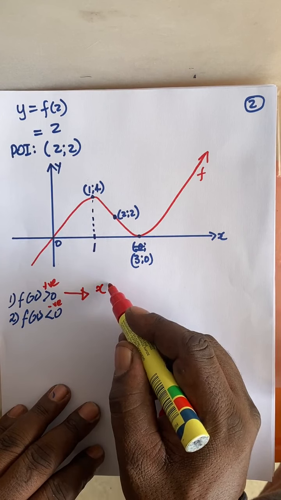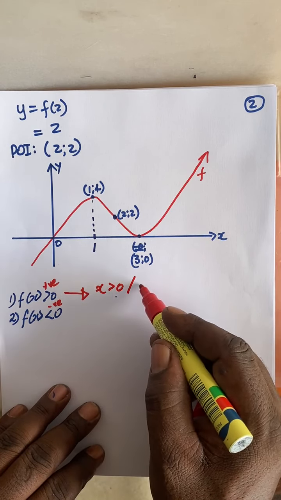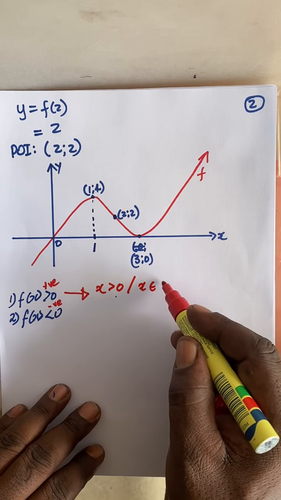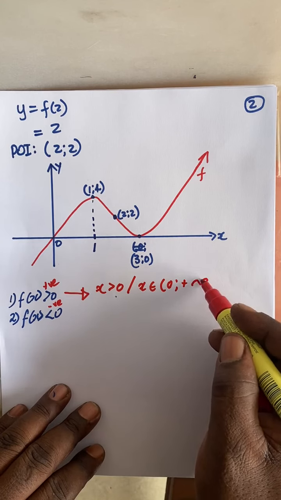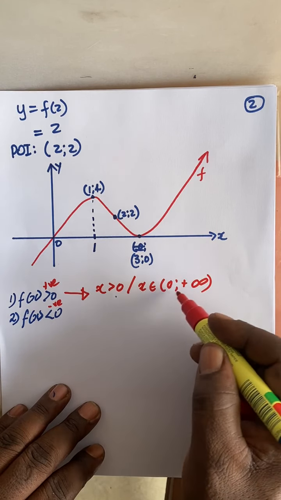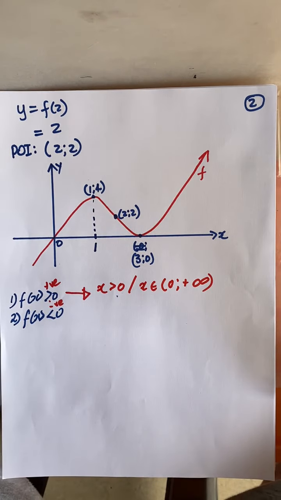So I can simply say x is greater than 0, or another person can say x is an element of (0, positive infinity). I use a round bracket for greater than, and where there is an or equal to, it changes.